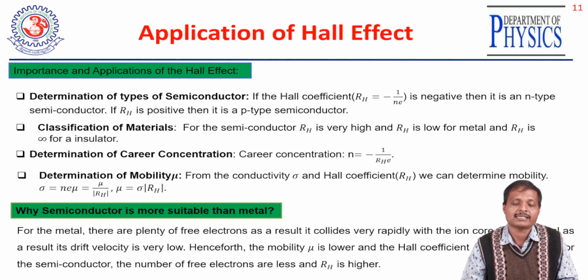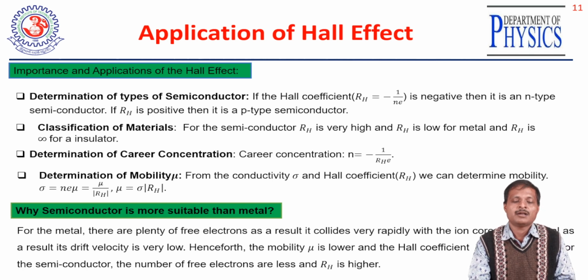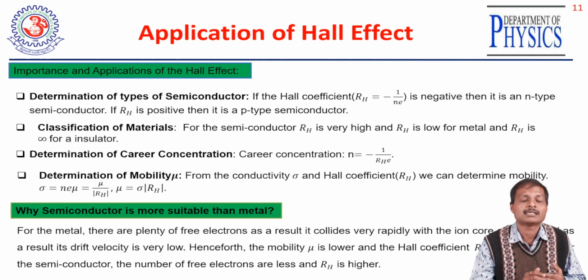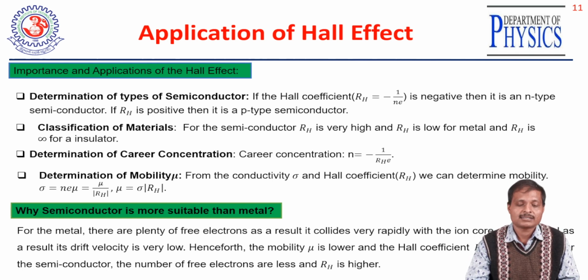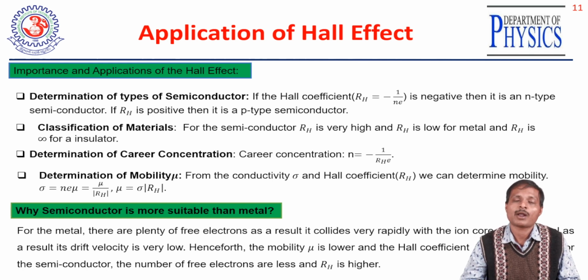That is the mobility. So this way you can calculate the mobility of this material if you know the Hall coefficient and conductivity of this material. So why have I chosen the semiconductor as a material to demonstrate the Hall effect, and why is it most suitable for semiconductors only, rather than metal or insulator? See, for the case of metal, there are plenty of free electrons. As a result, the electrons collide very rapidly, so the mobility is lower for metal.